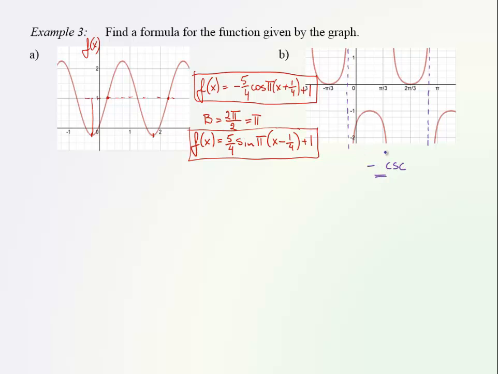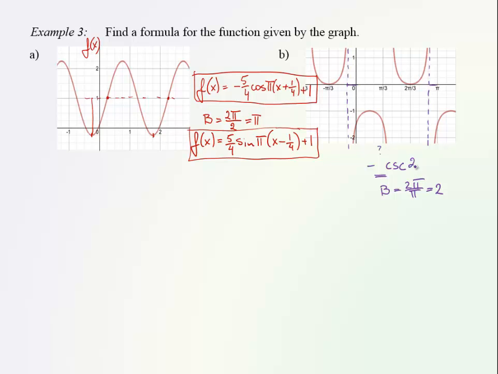We still need to figure out what's the amplitude here, but it's negative something cosecant. Now, how to figure out period? Well, it looks like it's just pi, because this segment is the same as that segment, so if you shift it, it will be pi. So if the period is pi, the b coefficient is actually 2 pi over pi, which is 2.